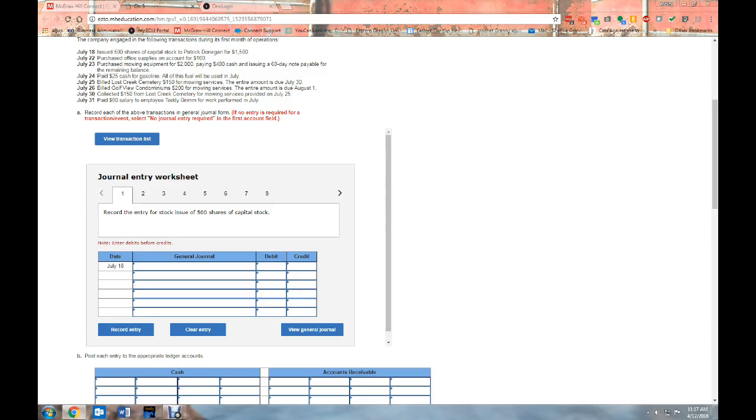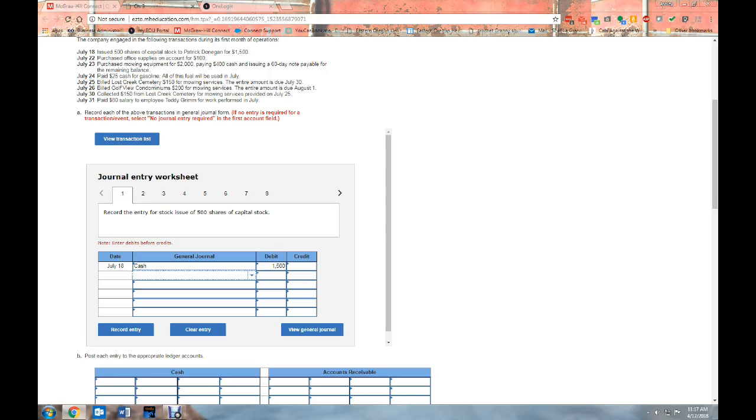That means we now have an owner who gave us cash in return for capital stock. Cash is our first account. Cash is an asset, it is increasing, and ALICE tells us that to increase an asset account is a debit entry. This is a double entry accounting system, so I need another account.